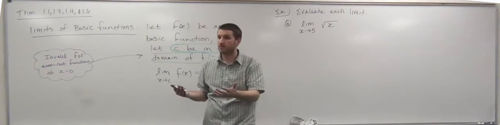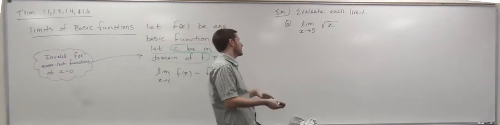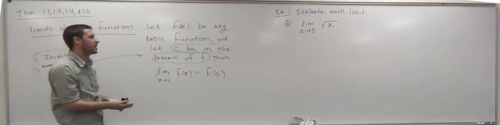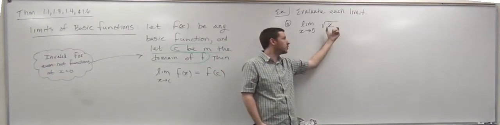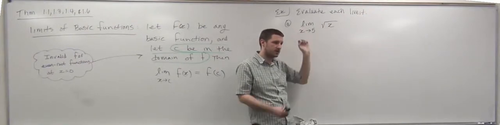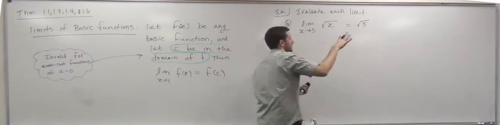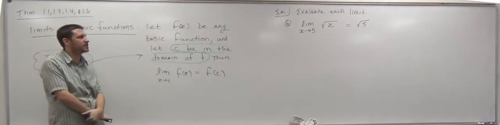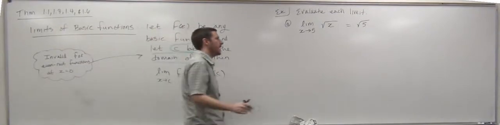That's still true. But now, you want to do a little more analysis of it. You want to start thinking about it in terms of what properties we have and what theorems we have. You want to say, oh, well, this is a basic function. This is a root function. Root functions behave very well with limits. I can just plug it in. So it's the same idea with a little bit of a logical twist. This theorem is the reason that you're allowed to do this. This works just fine.